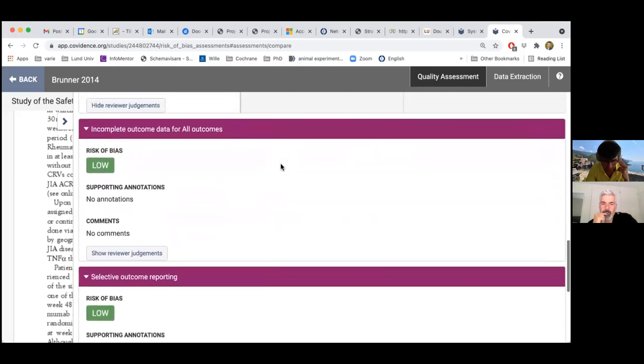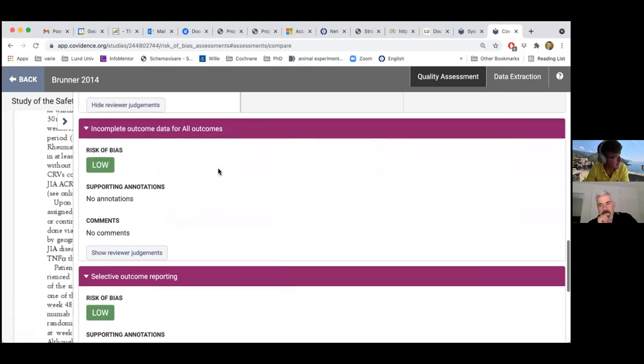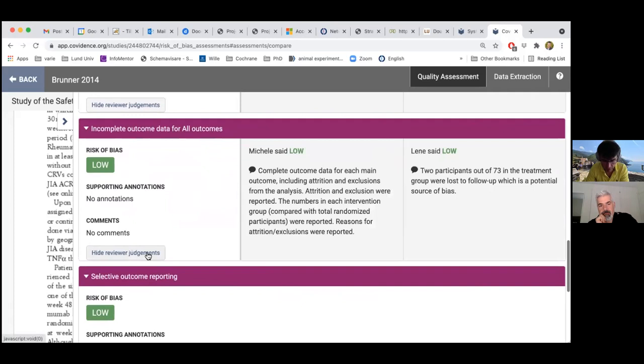And then we have number 5. So we have attrition bias. So here we see if outcome data are reported for all children.